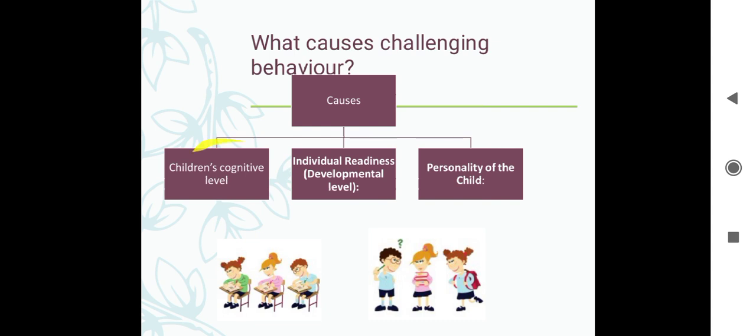So basically that is the challenge. They do whatever they want, as much as they want, without understanding your instruction because of their cognitive level. So this is the challenge.